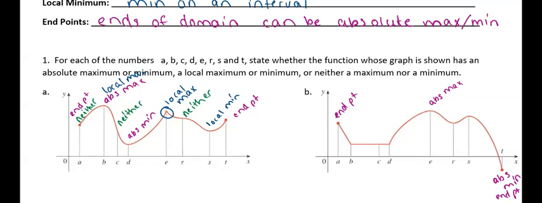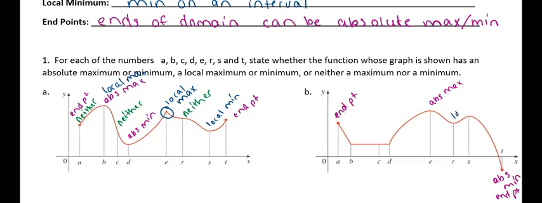Now let's see what else we can figure out in here. There's some tricky things going on with this one. Let's take the ones that aren't too tricky, and then we'll come back to the ones that are extra tricky. So let's look at point R and point S. This looks like a min. It's not the absolute min, but it is a min.